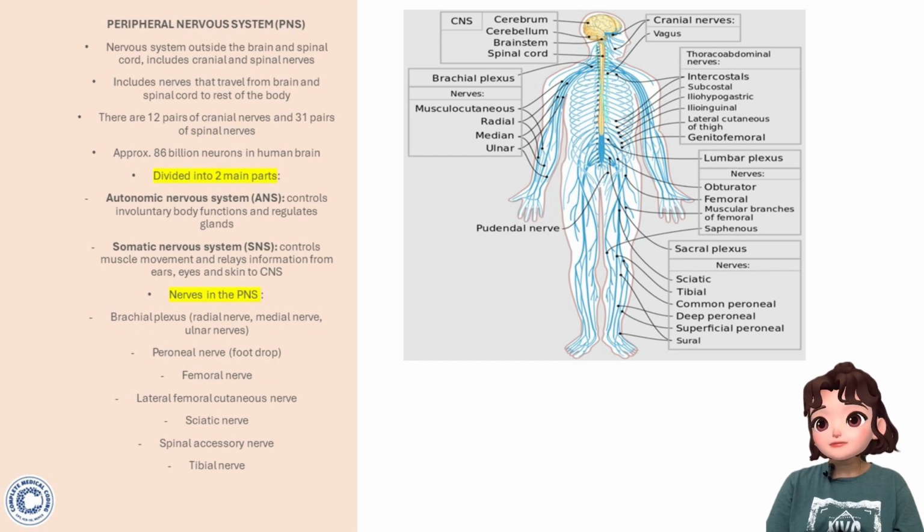Femoral nerve, lateral femoral cutaneous nerve, sciatic nerve, spinal accessory nerve and tibial nerve. These are the major nerves in the peripheral nervous system, which is again subdivided into several nerves that you will get from the picture.